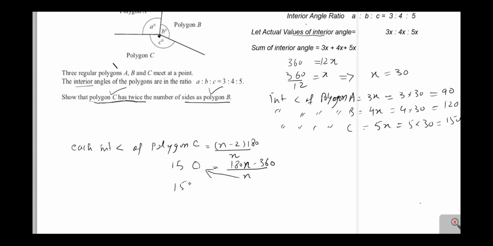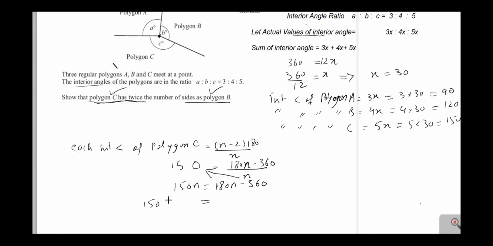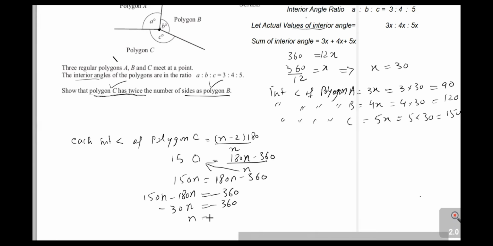This becomes 150n equals 180n minus 360, so 150n minus 180n equals minus 360, which is minus 30n equals minus 360. n equals minus 360 over minus 30, the zeros cancel, and 3 times 12 is 36. Therefore, n equals 12.